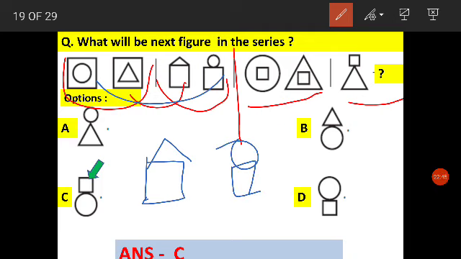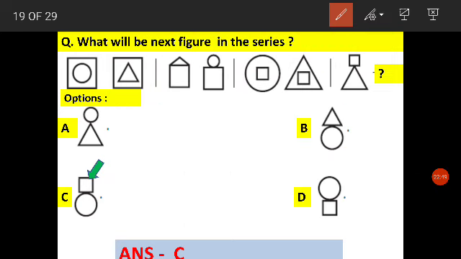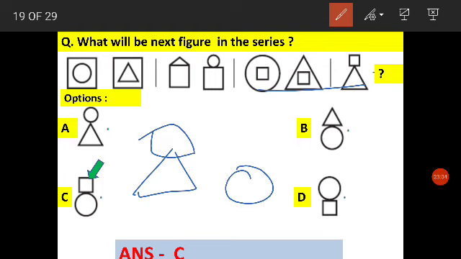So now see here, the triangle is out and the square is on top. So see here, what you need is the circle out and the square on top.